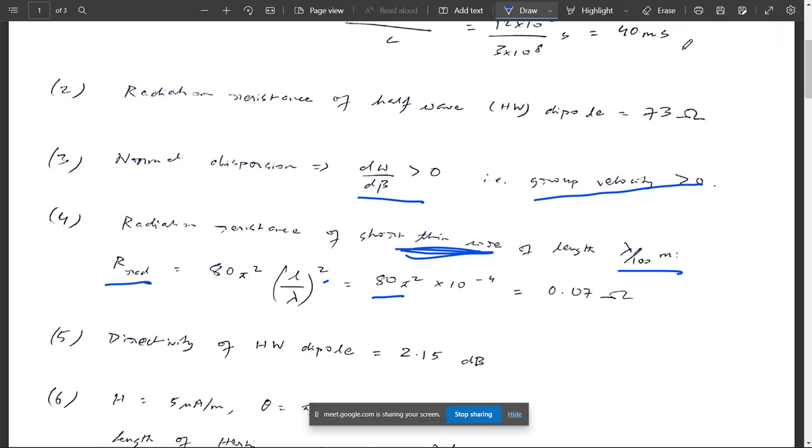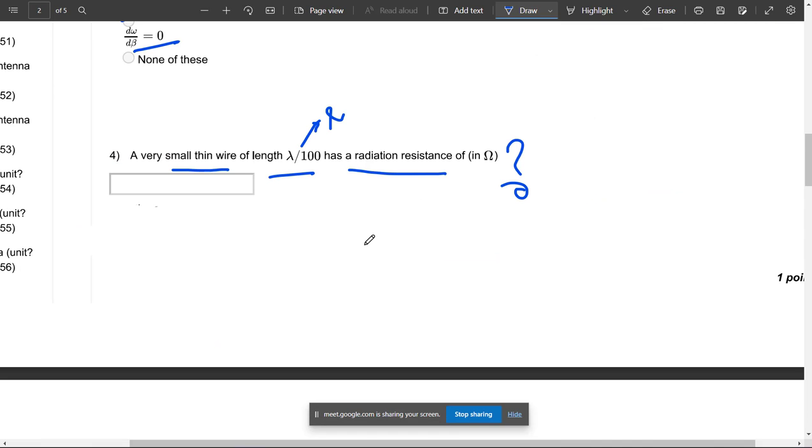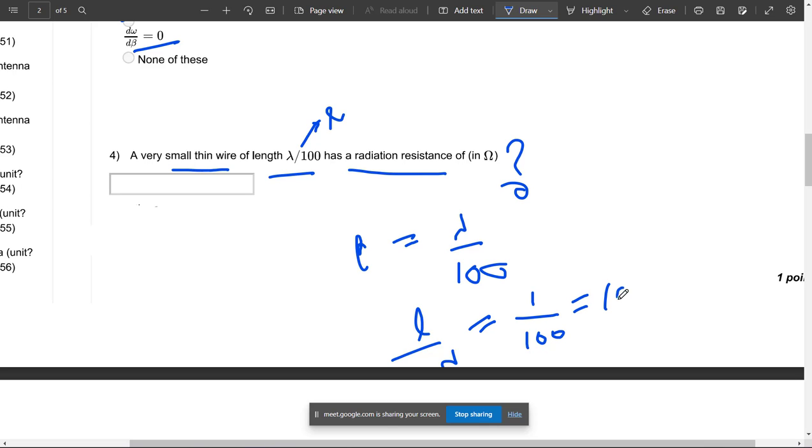Here L is equal to lambda by 100, so L by lambda will be 1 by 100, which is equal to 10 to the power minus 2.